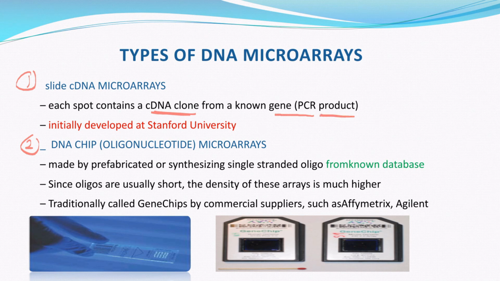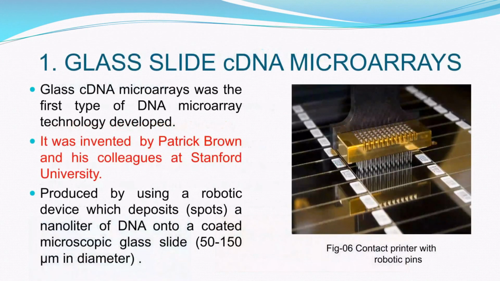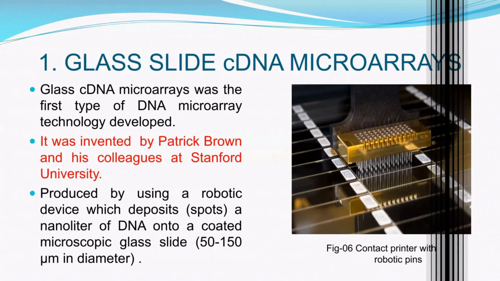On the other hand, with the oligonucleotide, also known as the DNA chip, we are not using the whole sequence of the gene, we are using only a very small part of the gene. Oligo means very small, and nucleotide is the sequence, a very small sequence which we add to the DNA chip. Now I am going to explain one by one.